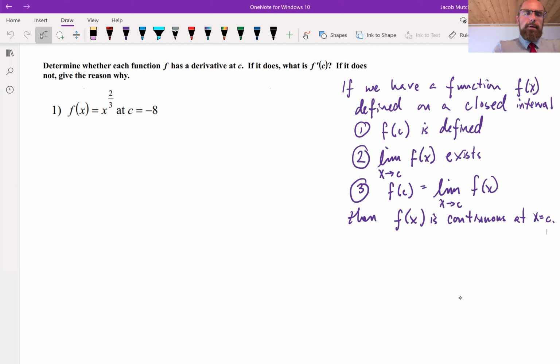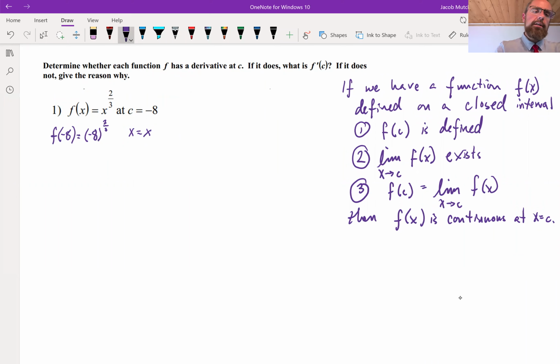So let's set up our limit of the average rate of change. I want to define some things first. I've got f of x, that's x to the power of 2/3. C is -8. X is x. And f at c, which is f at -8, is equal to -8 in parentheses raised to the power of 2/3.